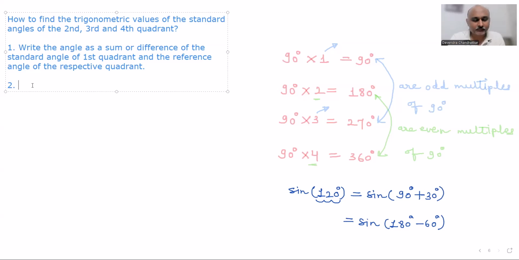So now the next part. This angle has two parts. One is the reference angle. The other one is the standard angle. Right?